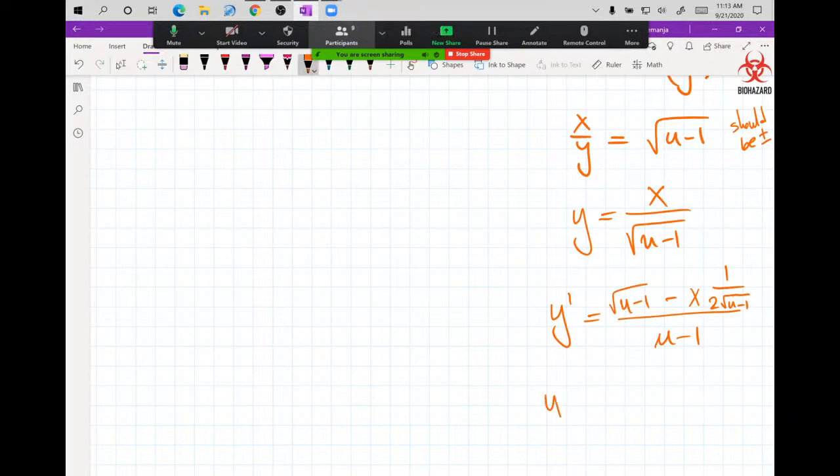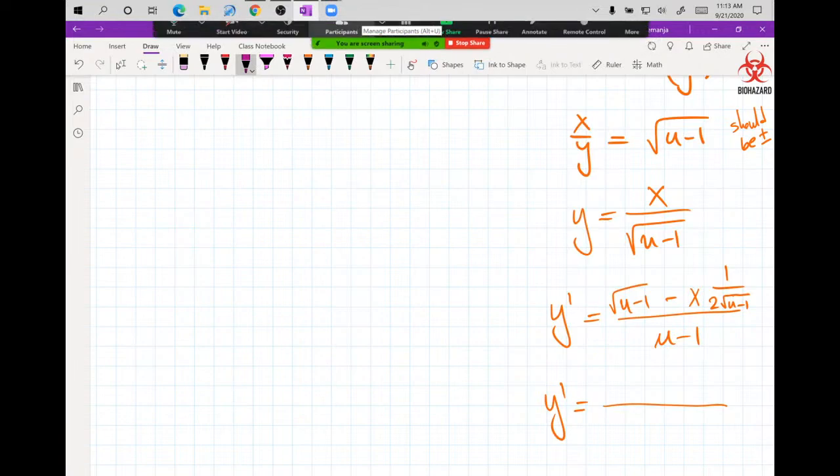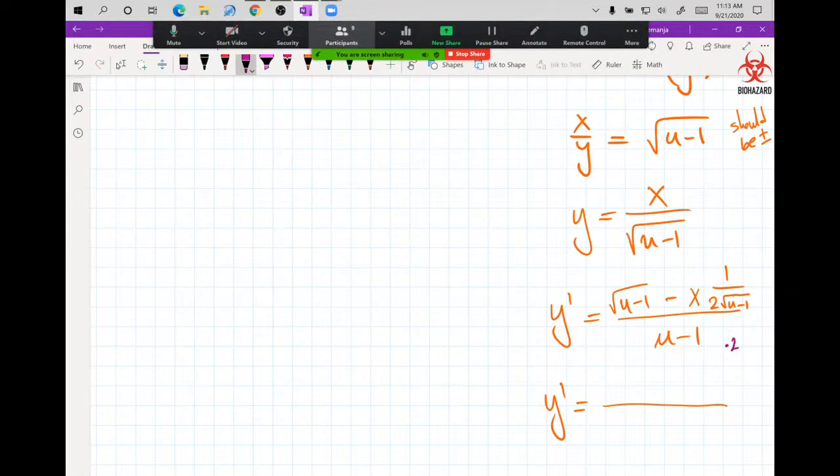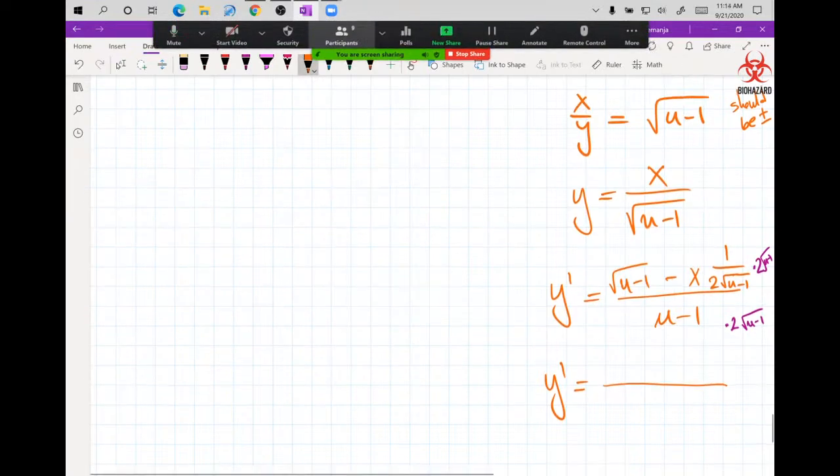Multiply everything by the 2 root, top and the bottom. So over here, we're going to say times 2 root u minus 1 and times 2 root u minus 1, because we want to get rid of the double fraction, right?